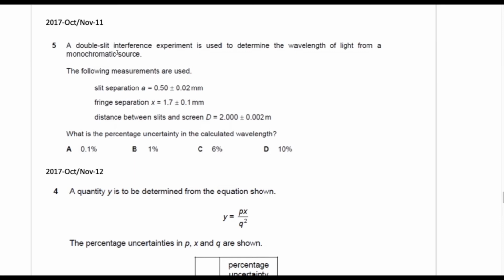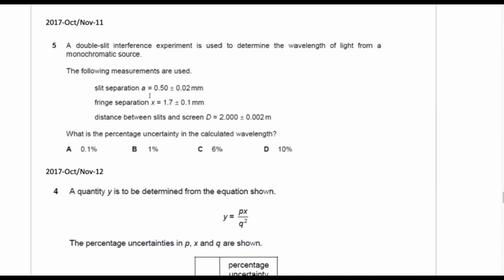A double slit interference experiment is used to determine the wavelength of light from a monochromatic source. The following measurements are used.